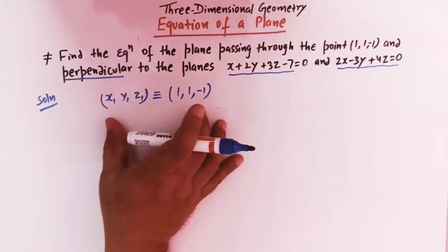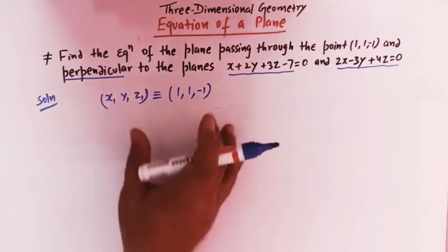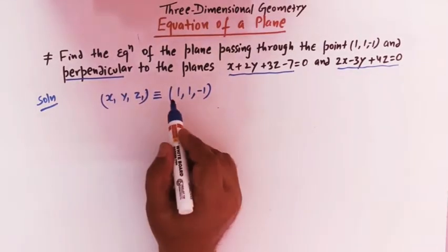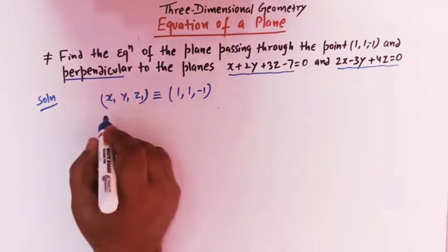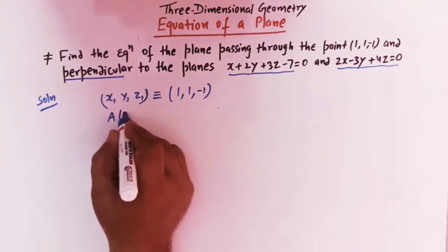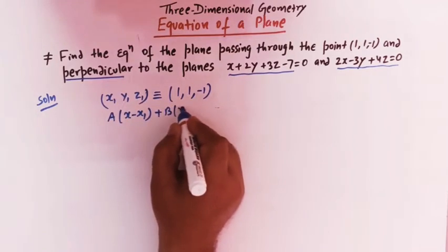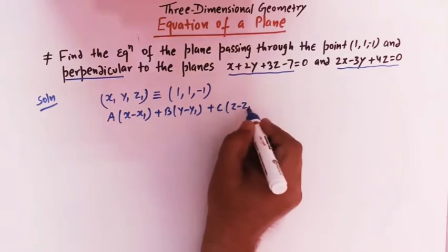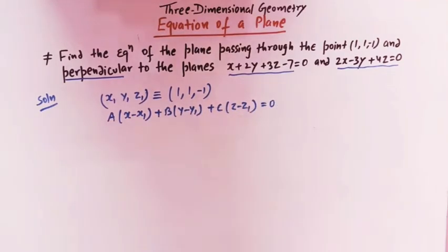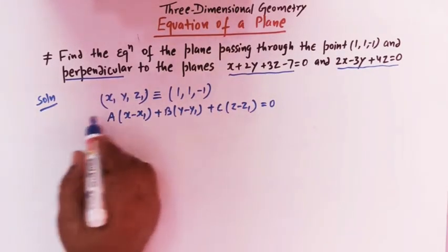And the equation of a plane which passes through a point x1, y1, z1 is given by a(x - x1) + b(y - y1) + c(z - z1) = 0. So this is the equation of the required plane.